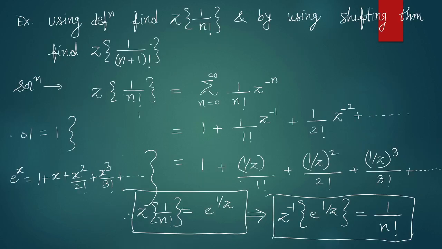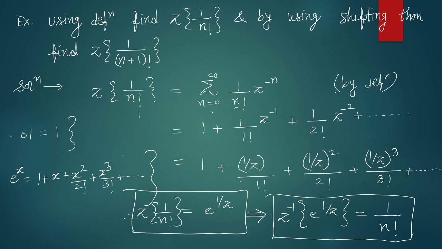Now by using this previous property, find out the z transform of 1 upon n factorial and the z transform of 1 upon n plus 1 factorial. The z transform of 1 upon n factorial is summation n equal to 0 to infinity of 1 upon n factorial z to the power minus n, and this is the definition of z transform.